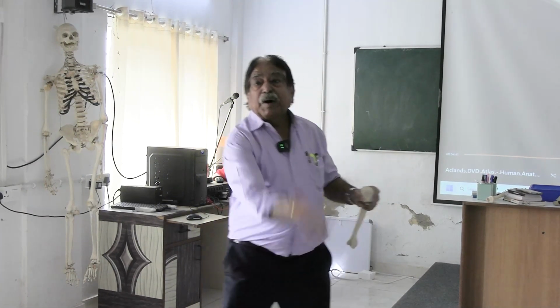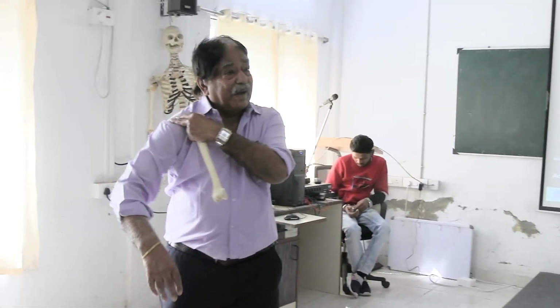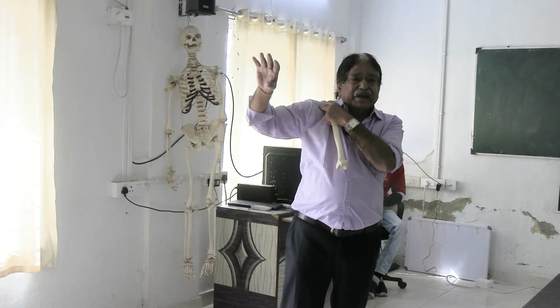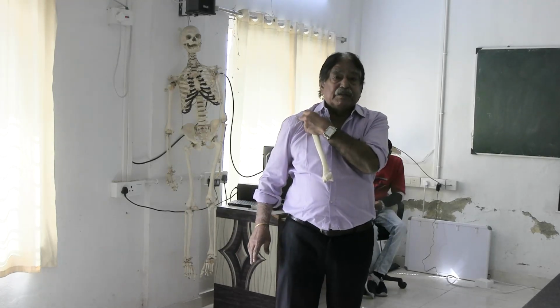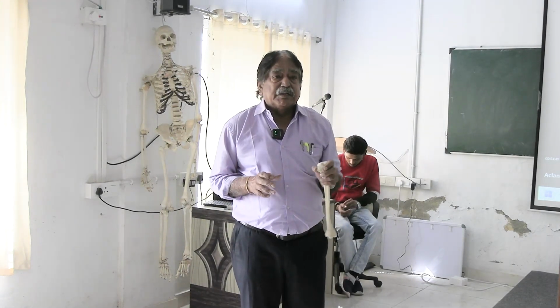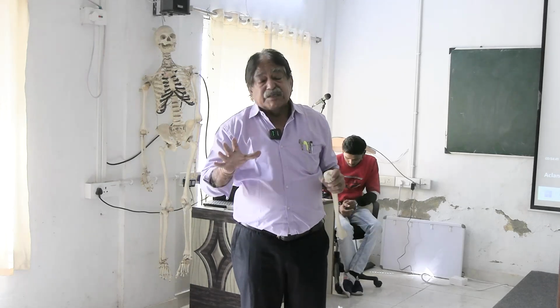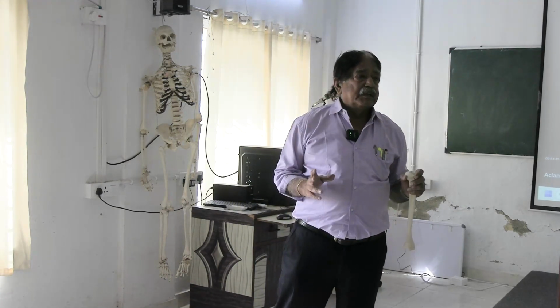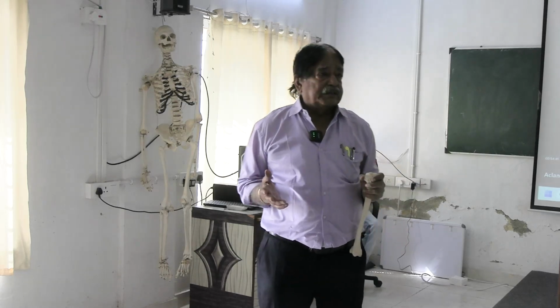The shoulder joint is unstable. It might get a dislocation, but for a hip joint or knee joint dislocation, you need a massive thrust, a massive force to this joint, for there to be a dislocation.